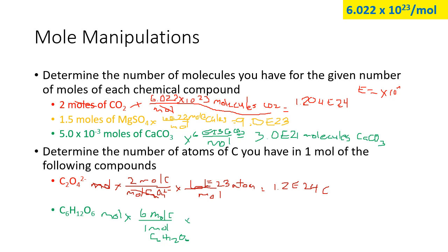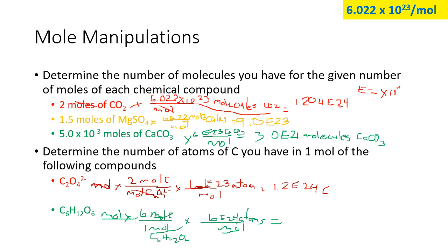Okay, we're going to do the same thing. We're going to use Avogadro's number. And again, this is going to be for atoms. Okay. Ooh, satisfying. Cancel stuff out. So nice.